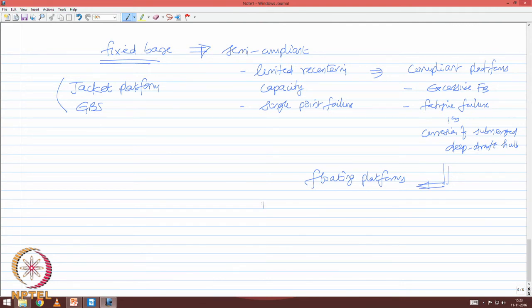The most common floating platform is the FPSO. FPSO is floating production, storage and offloading. So, it has both production facility and storage facility.